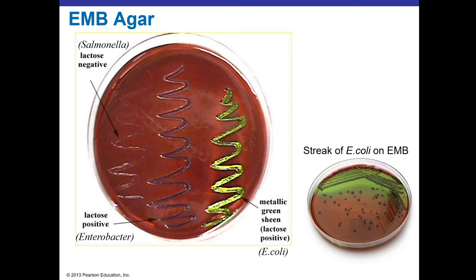On here, it's kind of a darkish purple color, but we see that the right-hand side, that is E. coli, that dark green. It's dark purple, but then it has that green metallic sheen to it, identifying it. And you can see that in high concentrations in the first couple of quadrants when we streak the E. coli on EMB.